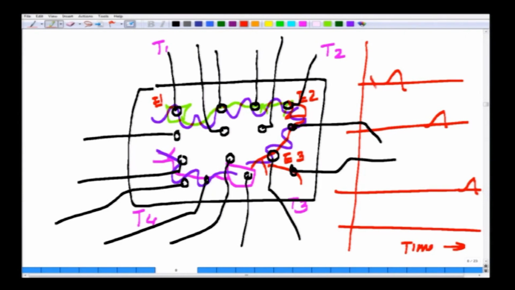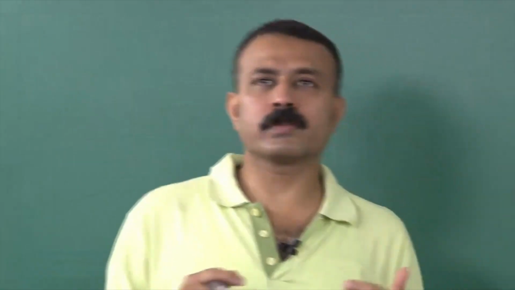So, the signal is moving like this with time. So, you are realizing how handy those techniques which I just taught you in previous classes become when you have to analyze these kinds of circuits.